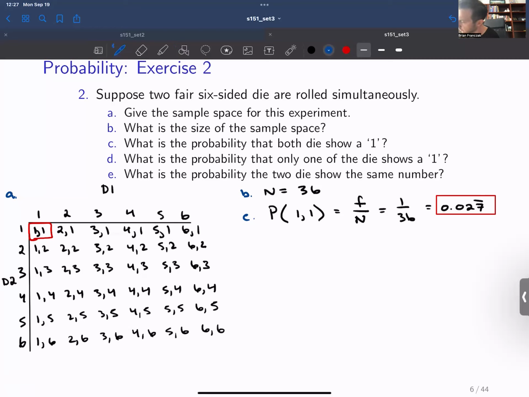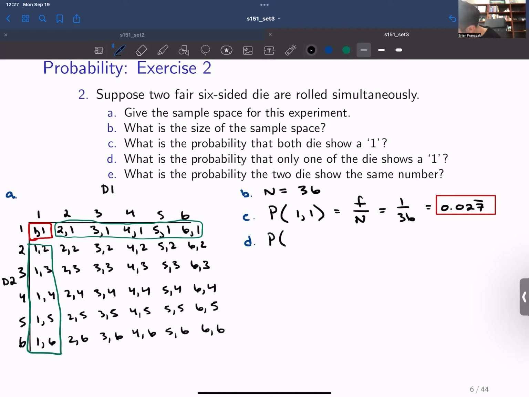Okay. So each question is essentially going to follow this same illustration. Part D, what is the probability that only one of the two die shows 1? So we want the probability of observing a 1 on only one of the two die. In this case, I'll use green to illustrate. Each of these 5 scenarios here and each of these 5 scenarios here correspond to a situation where there's only one 1 being shown.